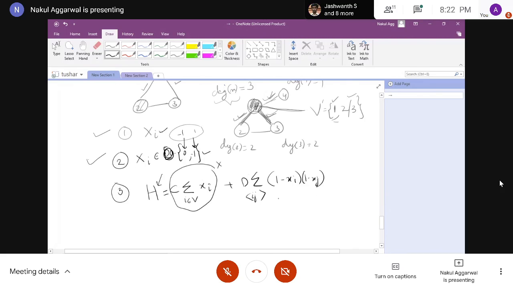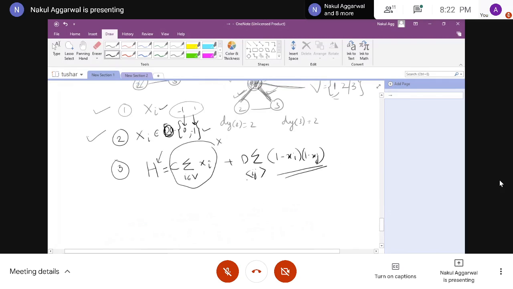Just think of this term. What is this doing? This summation is over all the edges. For every edge, i and j are the nodes that edge connects. So for every such edge, you are making this sum.